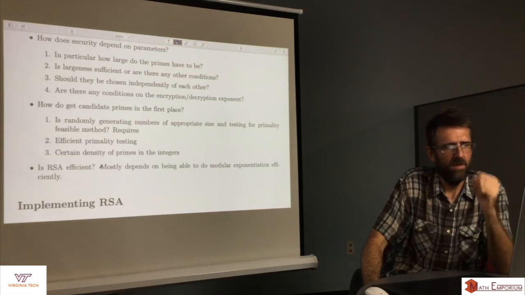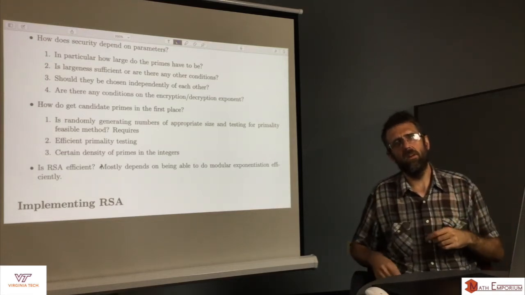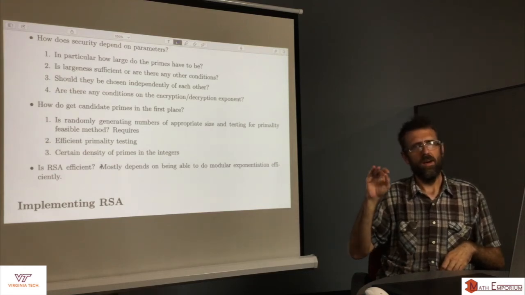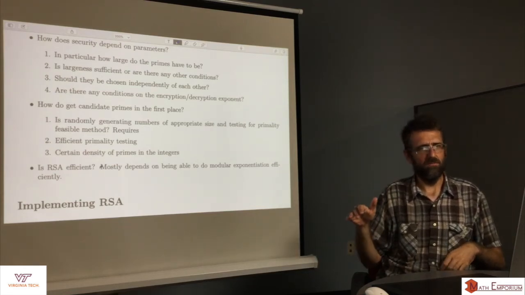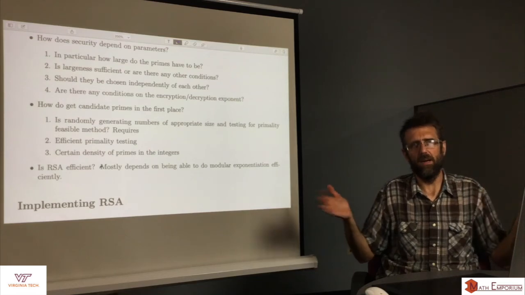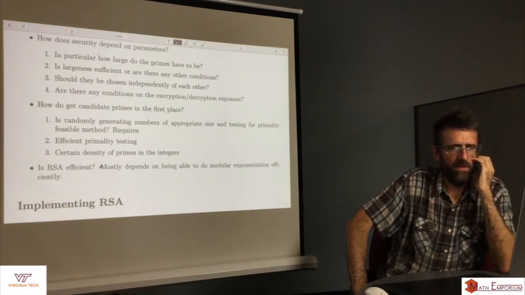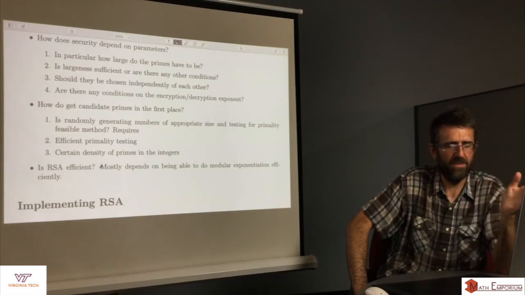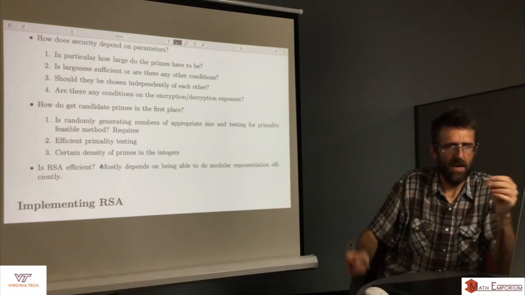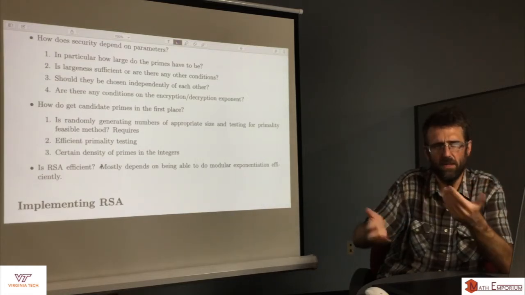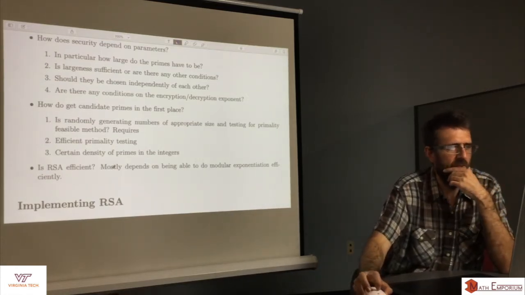But if I'm trying to raise a number to, say, a 1,000-bit exponent with a 1,000-bit modulus, or probably even bigger, maybe 2,000 bits, am I going to be able to do that exponentiation efficiently? So we know that we've got efficient algorithms for multiplication and division. But exponentiation, well, you run into really big numbers if you do that. So can we do this efficiently?